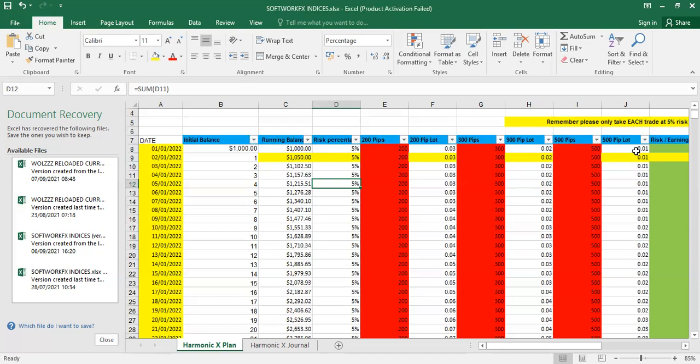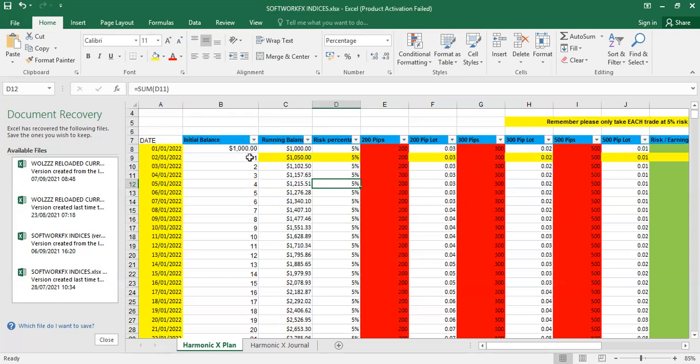If you use 0.01 lot and price has moved 500 pips, it would have given you $50 on $1,000 capital. So it depends on what you know you can shoot for in a particular trading day. That will determine the lot size you are going to be using.